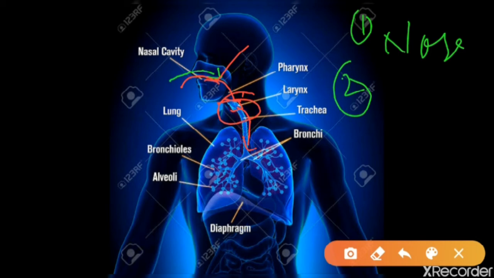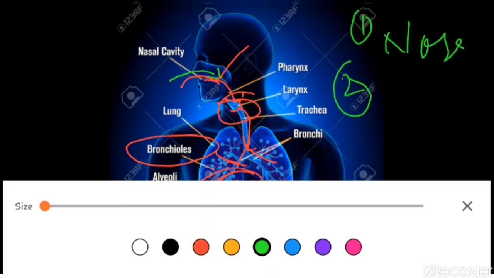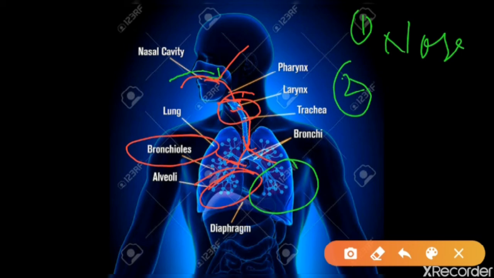After passing the trachea, there are two passages, that is bronchi. Now after bronchi, the branches are there, called the bronchioles. Now after bronchioles, we have the small globule-like structure, balloon-like structure, that is called the alveoli.